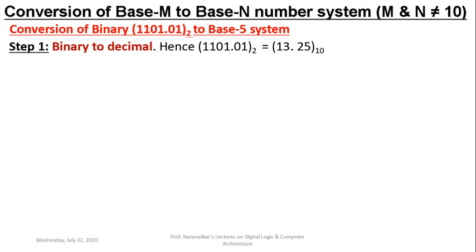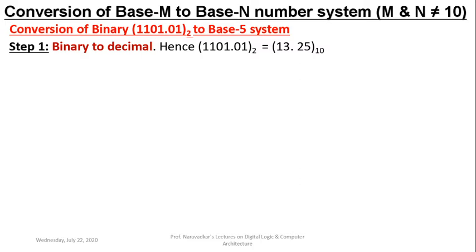So 1101.01 binary is equal to 13.25 decimal.